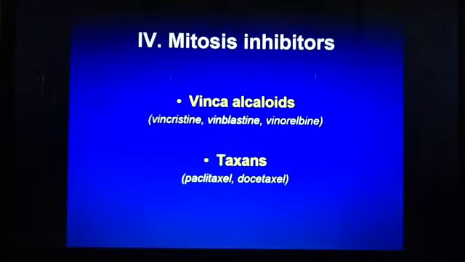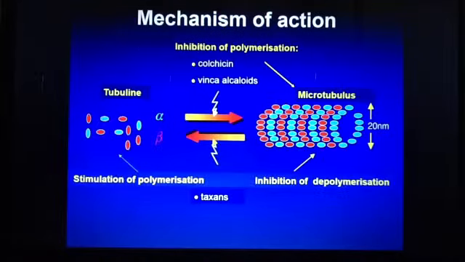Okay, last one we'll do before a break, the mitosis inhibitors. So these are the vinca alkaloids such as vincristine, vinblastine, and vinorelbine, and then the taxanes such as paclitaxel and docetaxel. So you can remember the taxanes from the end word taxel. So these are the mitosis inhibitors working in the M phase.